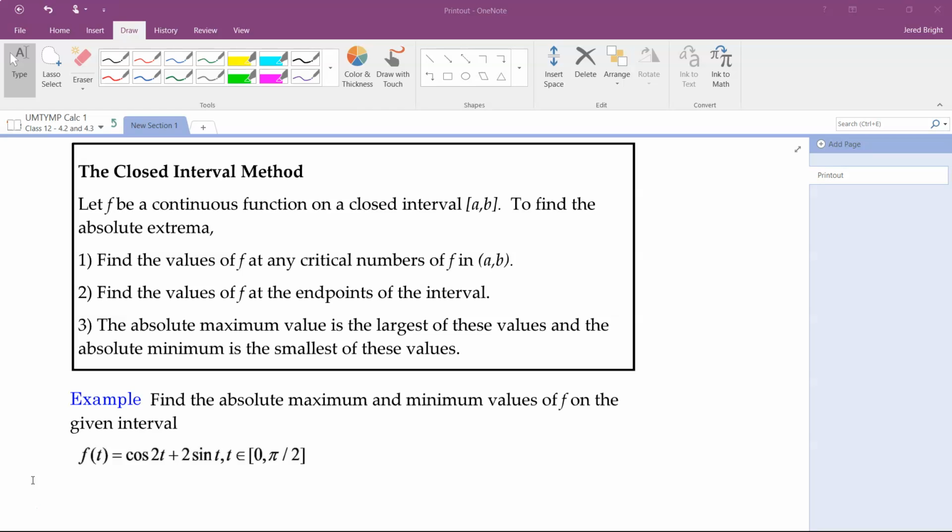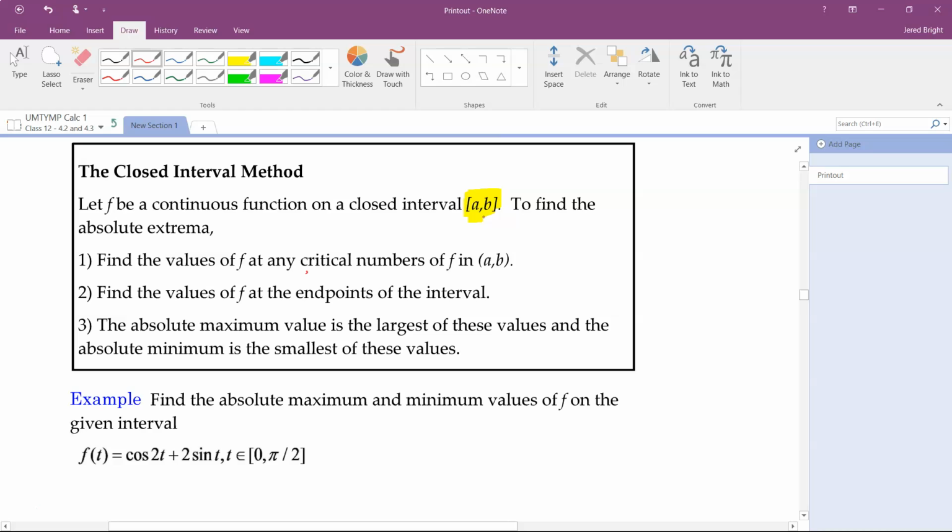Okay, so the process you're going to use with the closed interval method is, first of all, recognize when you need to do it. So you're going to be on a closed interval. What you're going to do is find your critical numbers, and find the values at the endpoints.